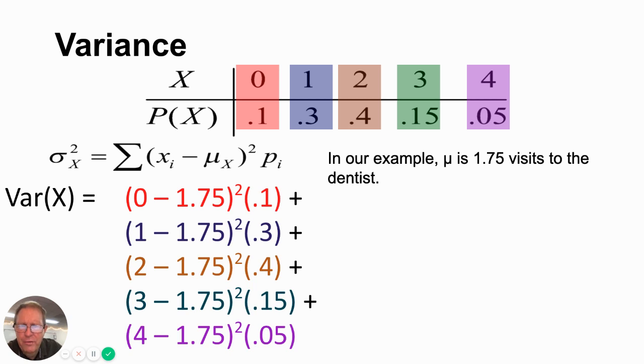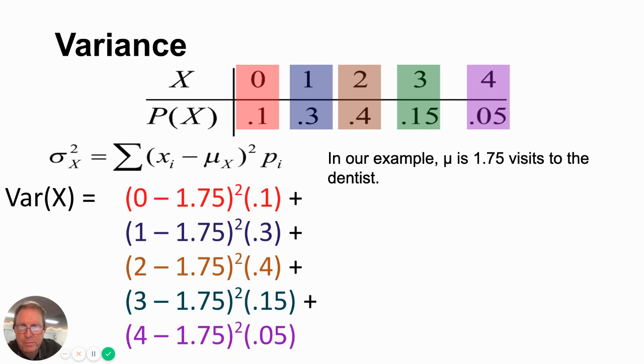observation x. So I take 0 visits minus the mean, I square that and multiply it by its probability. Then I turn to the next color, the purple color, and I have one dental visit minus the mean. I square that, multiply it by its probability, and so forth.